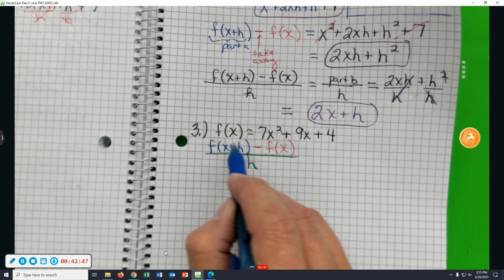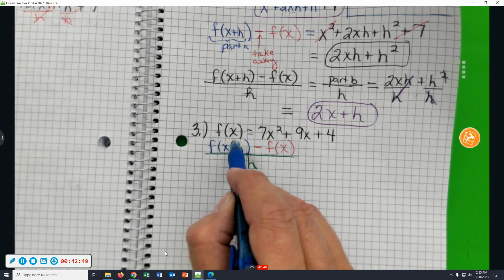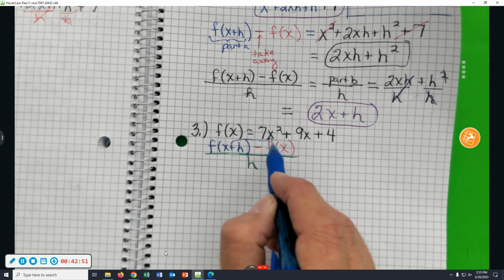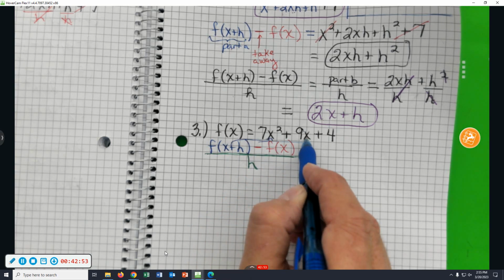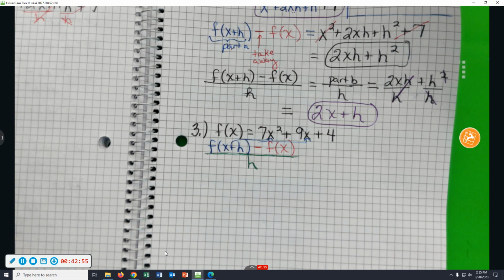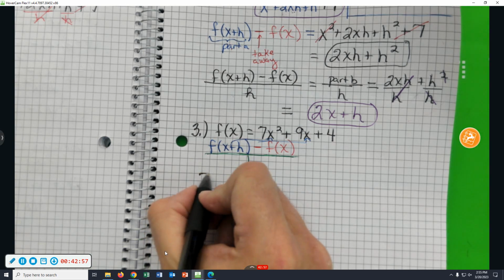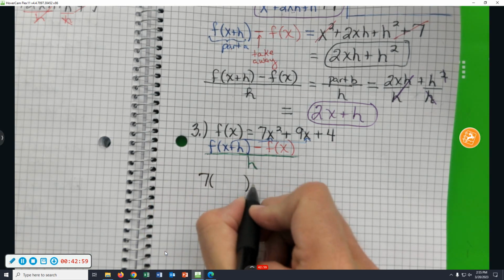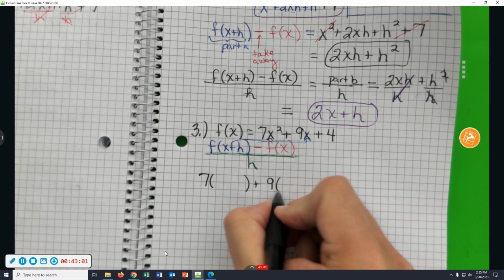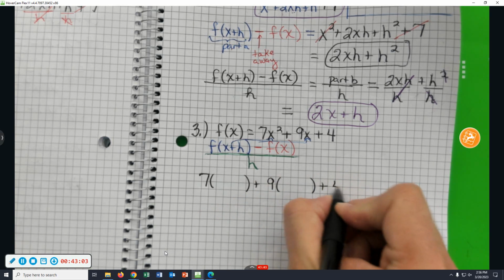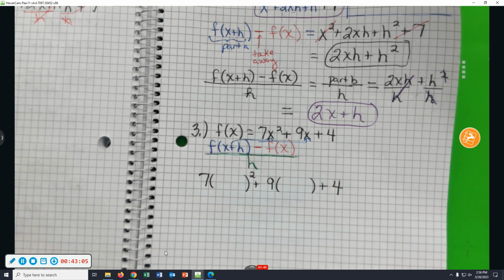To do f of x plus h, you plug an x plus h in place of the x. So in place of the black x, I'm going to put a blue x plus h.